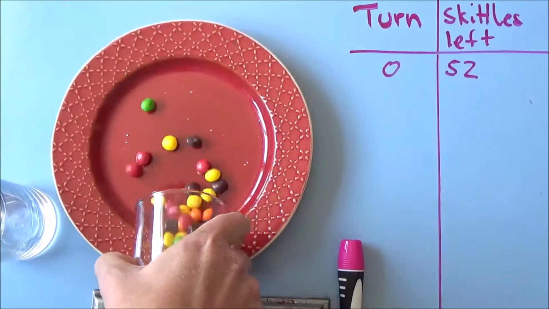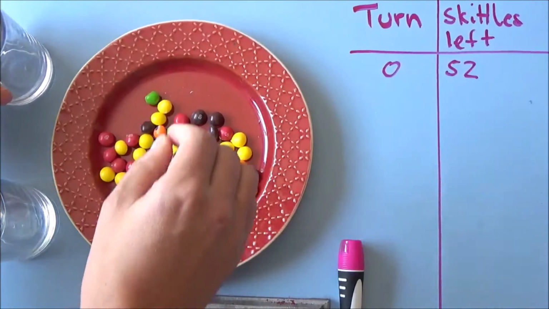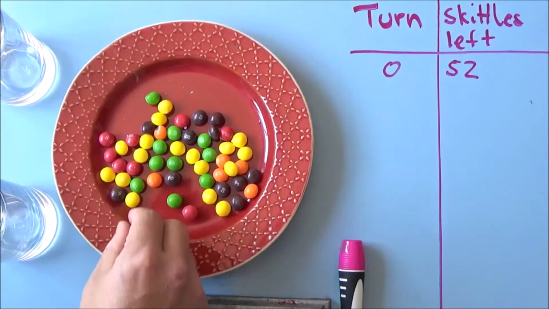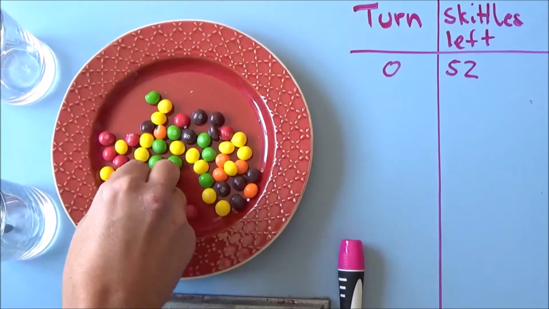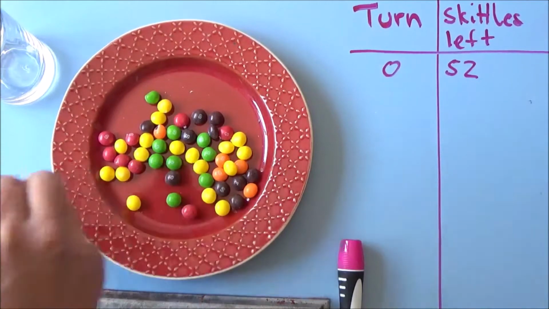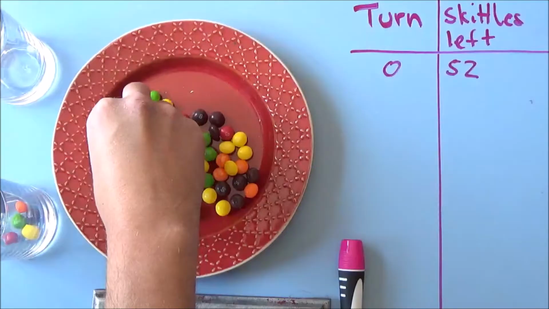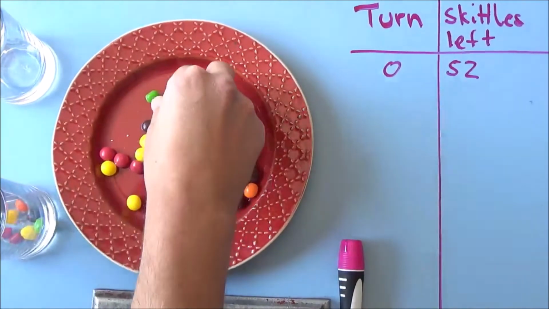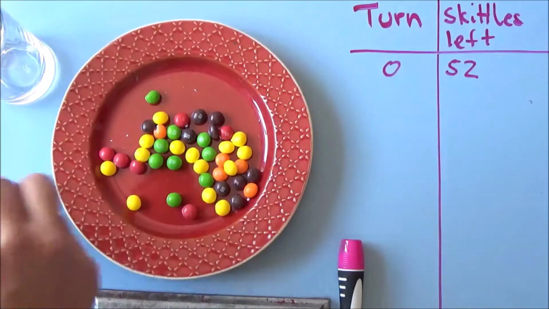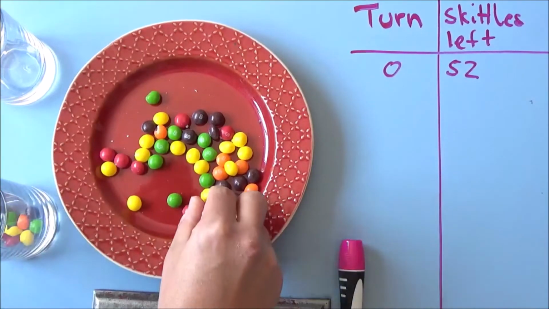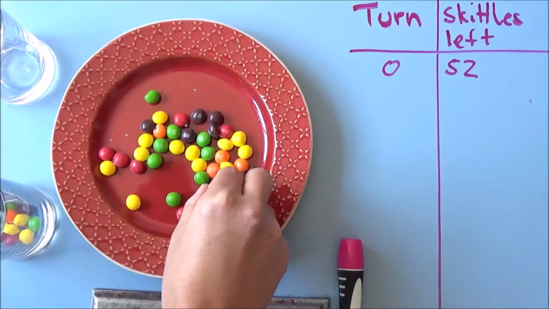I'm going to take the ones that have got an S facing up and count the number that are left over. All of these ones I'm taking away have an S facing up, so they have radioactively decayed.